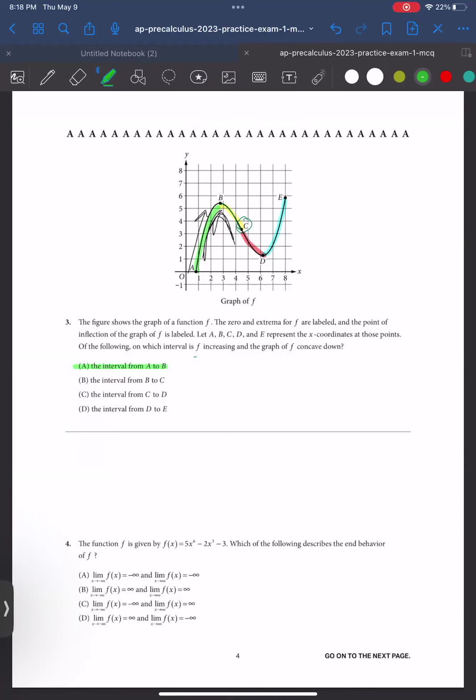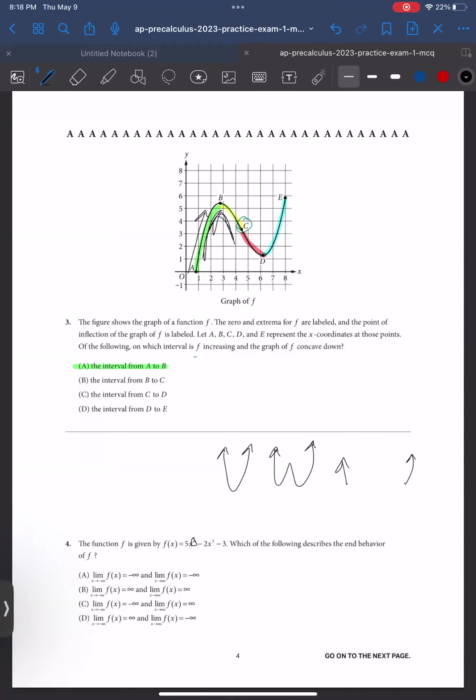Remember that every single polynomial that is an even degree is going to end in the same direction. Okay? Quadratic, quartic, and a 6 is also going to be in the same direction.